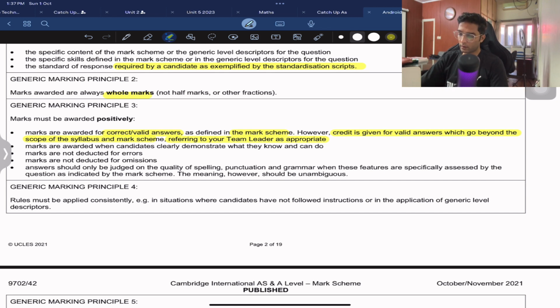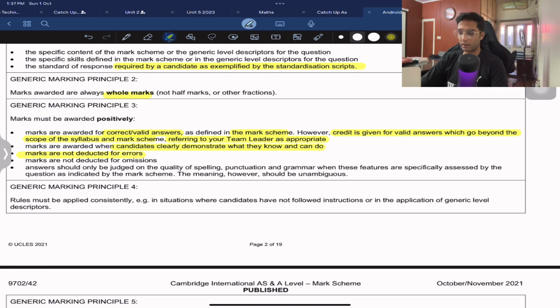Then marks are awarded when candidates clearly demonstrate what they know and can do. Marks are not deducted for errors. So if you've written this logically, which means you know exactly what you're writing, which means you have evaluated step by step which formulas affect something, which quantity affects the other one, then it is a logical answer.